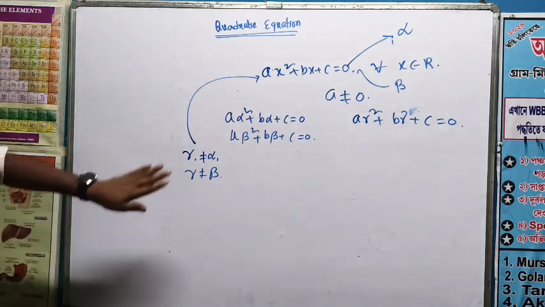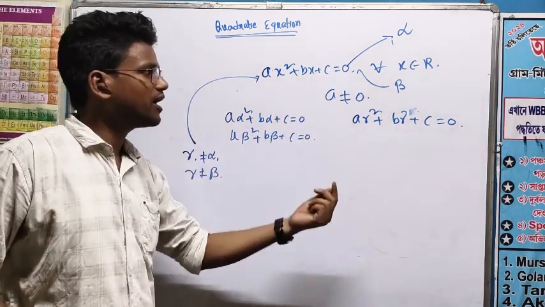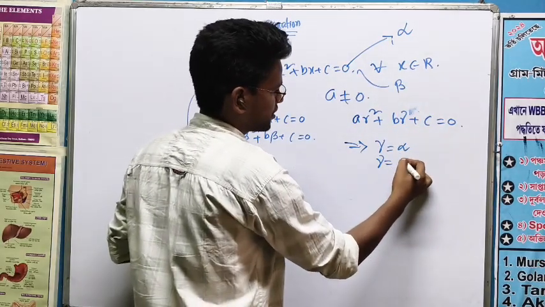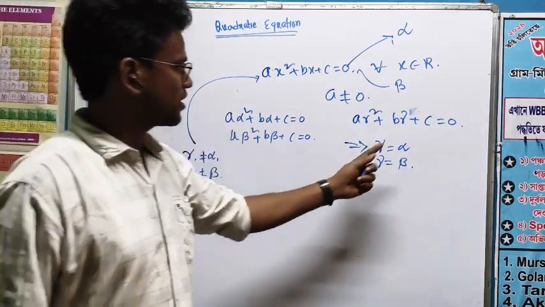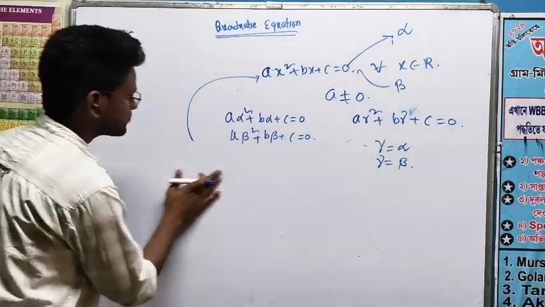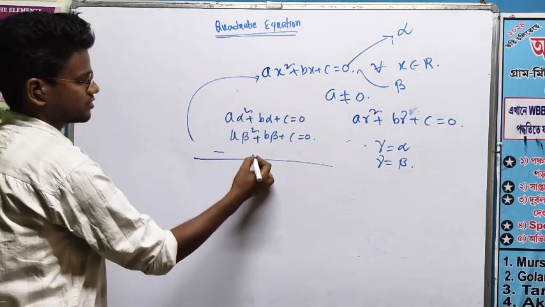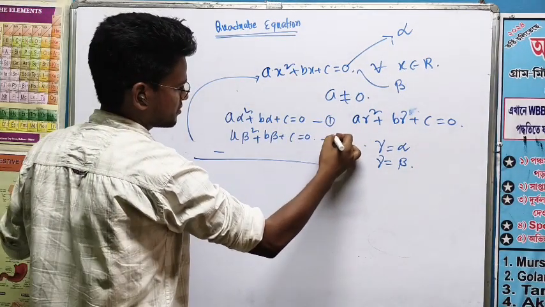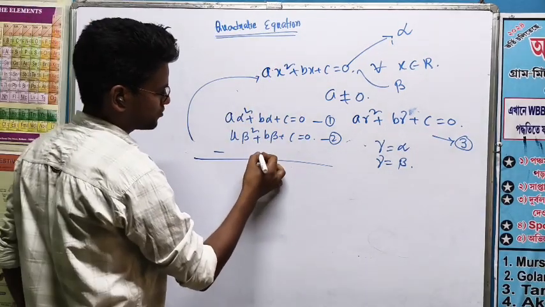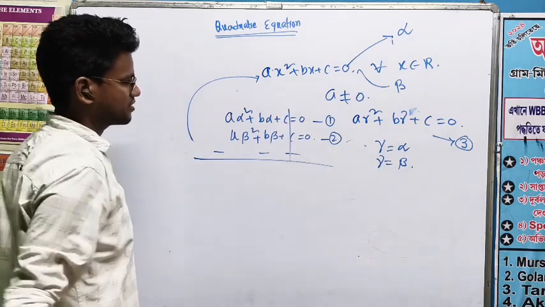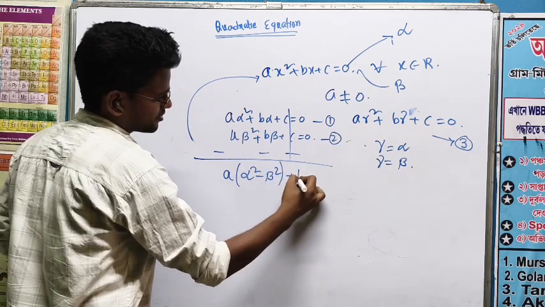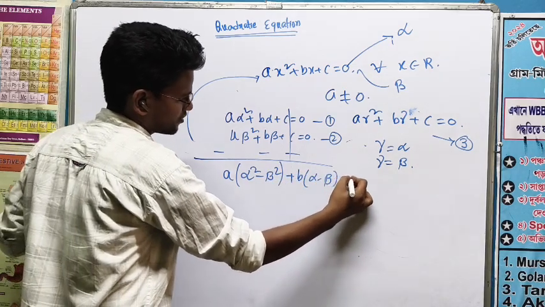Now we will prove that gamma coincides with alpha or gamma coincides with beta. That means there are only two roots, alpha and beta. How to prove? This is number 1, this is number 2 and this is number 3. We subtract 2 from 1: c cancels out, and we get a into alpha square minus beta square plus b into alpha minus beta is equal to 0.